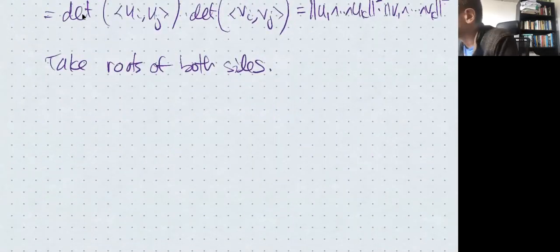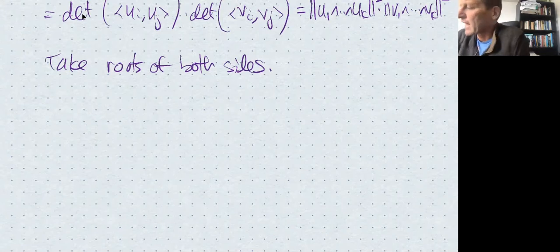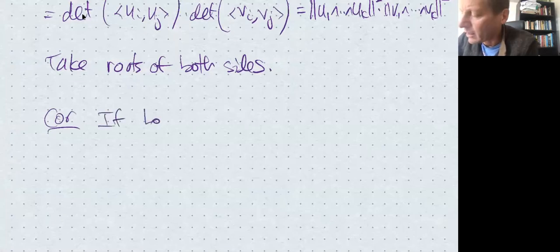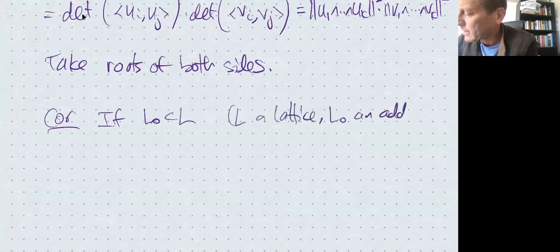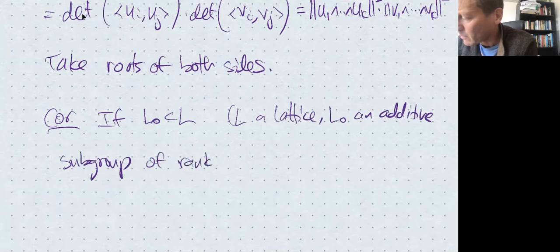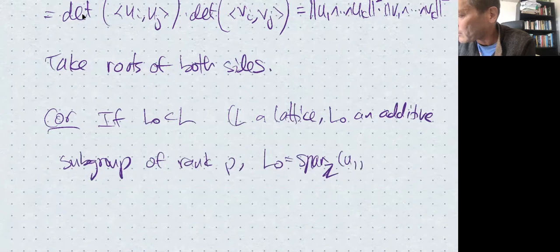And let's draw another corollary, which is the main reason we're interested in all of this algebra. And finally, we're ready to state it. So corollary. Suppose we have lattices, a lattice L and L0, an additive subgroup of some rank P, spanned by U1 up to UP.